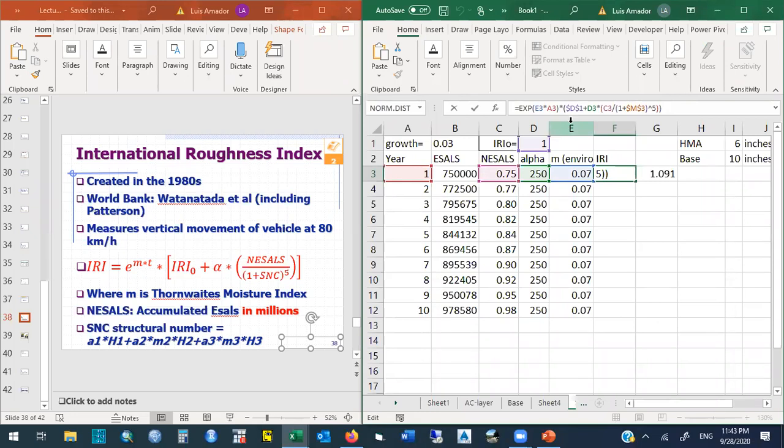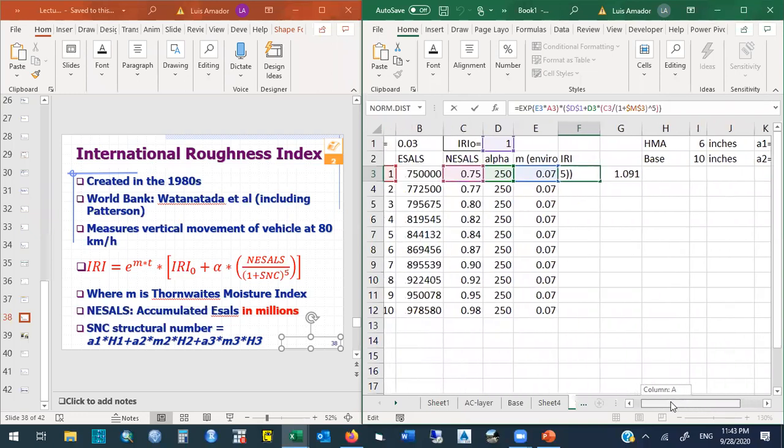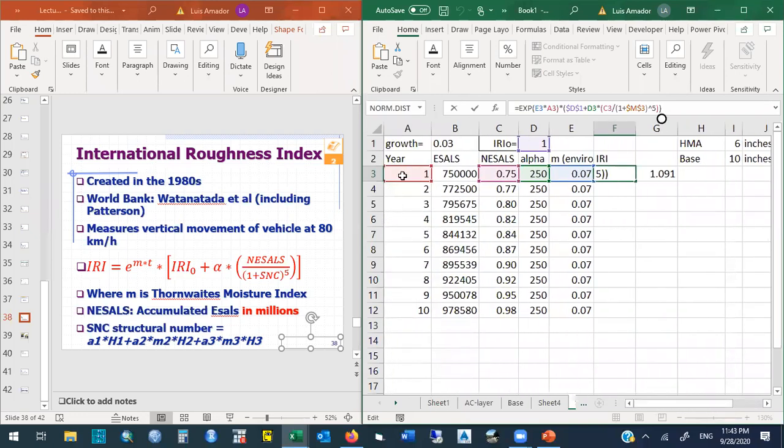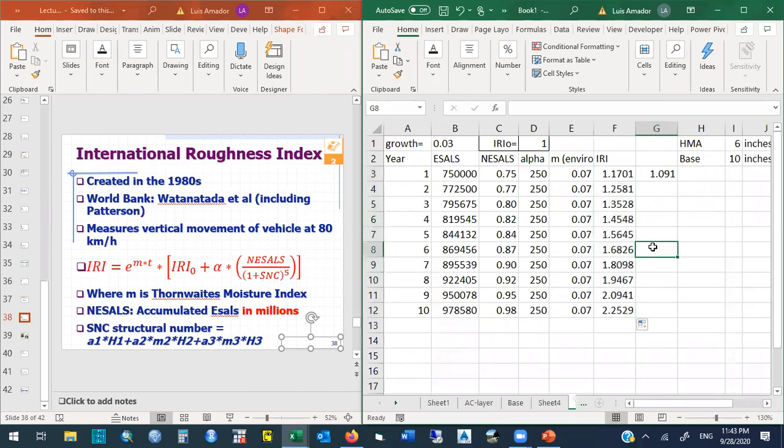So D1 is fixed, correct? M3 is the structural number, that's fixed, correct? The year is changed, that's correct. The E is fixed really, but let it change, doesn't matter. The E cells will change and the D3 will change. So apparently it should work. Yeah, correct, it's working. So it's moving from 117 to 225 after 10 years.